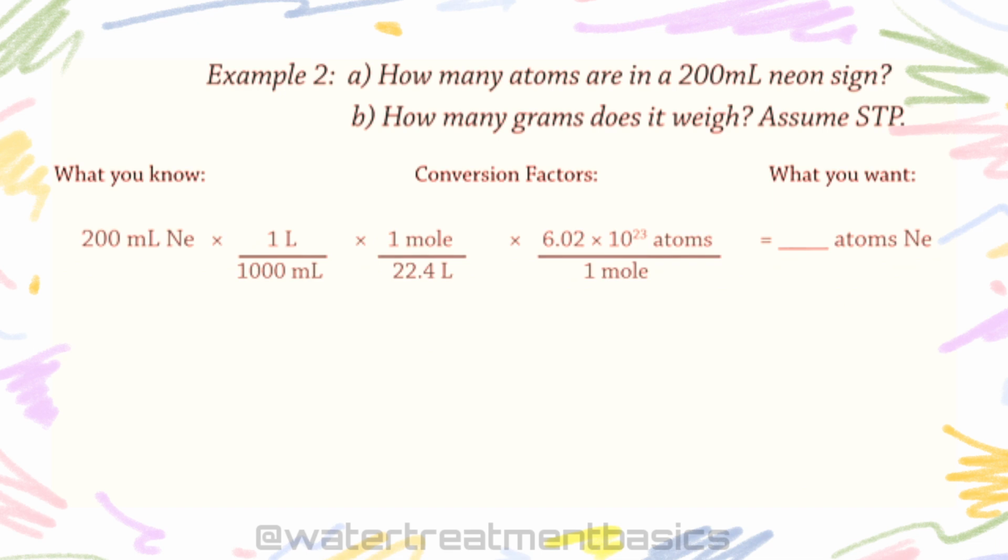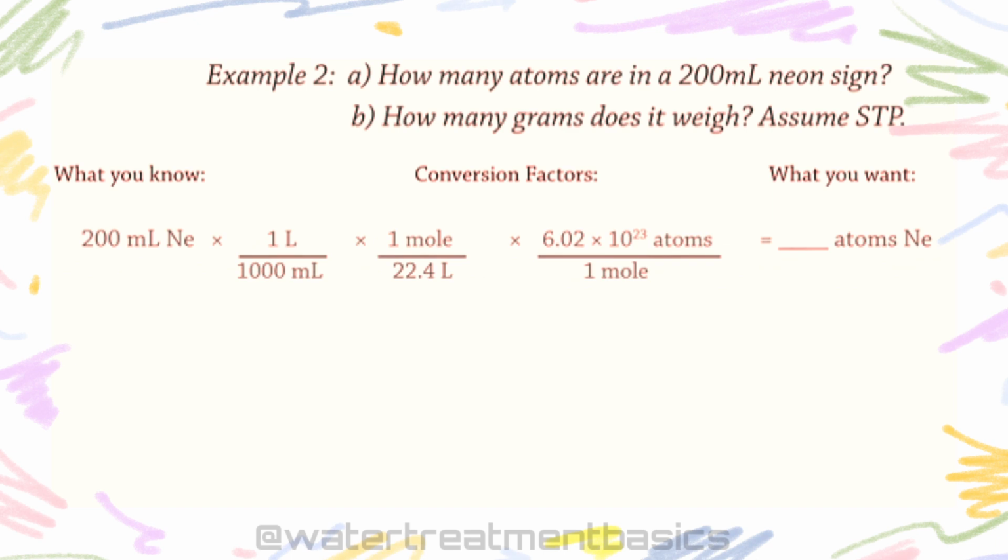200 milliliters of neon times 1 liter per 1000 milliliters times 1 mole of neon per 22.4 liters of neon times 6.02 times 10 to the 23rd atoms of neon per 1 mole of neon equals some number of atoms of neon.